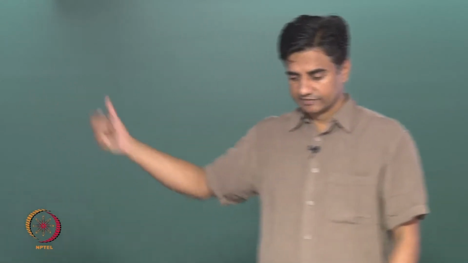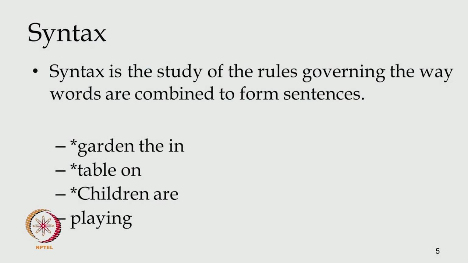All right? So look at these things. These are fragments, aren't they? And even the star marks before these fragments indicate that they are not good combinations of fragments. This star represents ungrammaticality or unacceptability in the study of language.